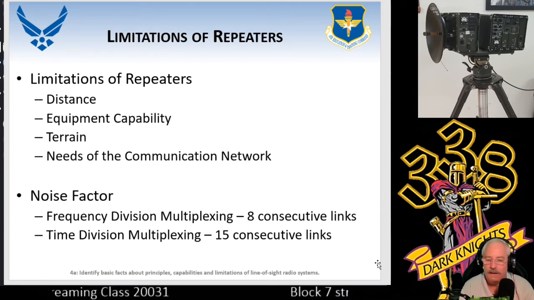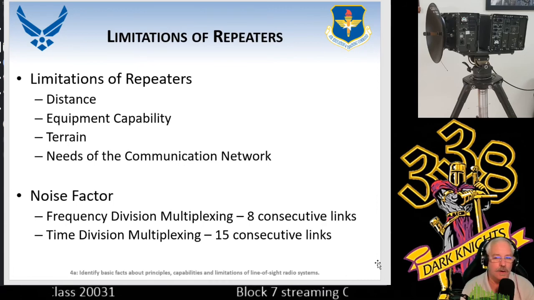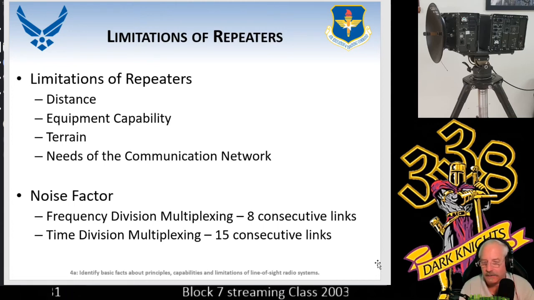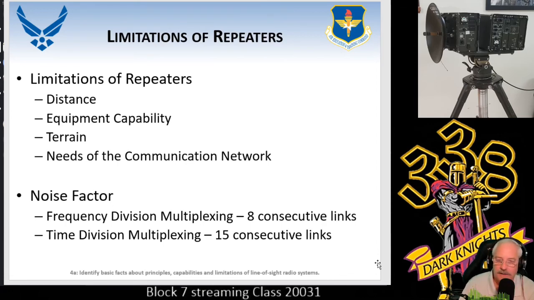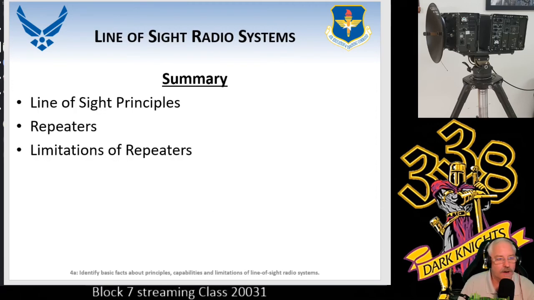But then again, 8 links versus 15 links, what's the capability? Can I get better equipment, or is it a short distance? And let's just say it's got a lot of terrain to cover. So again, it goes back to the limitations of the repeaters as to how many links you want and what you're going to use. So we've gone over line of sight principles, repeaters, and limitations of repeaters.